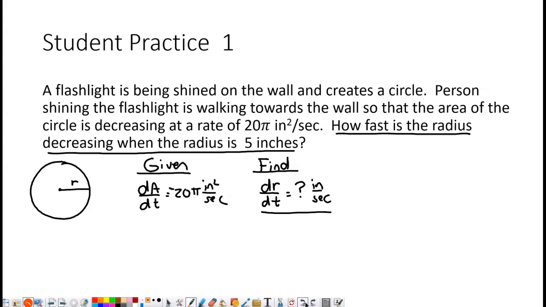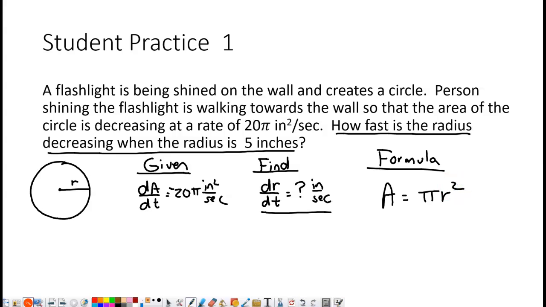So have that. All right, go ahead and see if you could do step 4, which is to identify the proper formula. Pause the video here and see if you can figure out what formula you would use. So since we're talking about the area of a circle, and we want to relate area to radius, then we would be using the formula for the area of a circle.